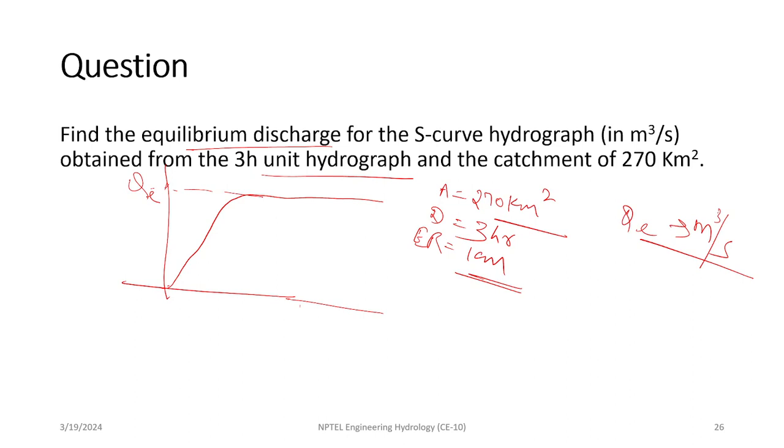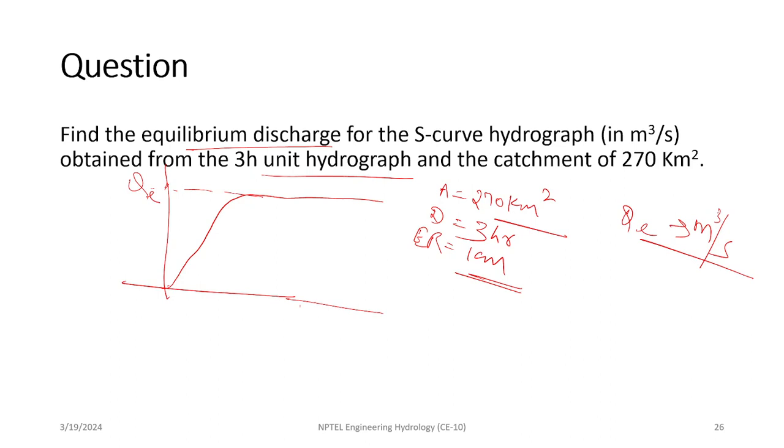Area is given and excess rainfall depth is given. Excess rainfall depth is just the direct runoff depth. If you multiply the area of the catchment with the direct runoff depth, you will get the total volume of water which can be stored in the catchment.